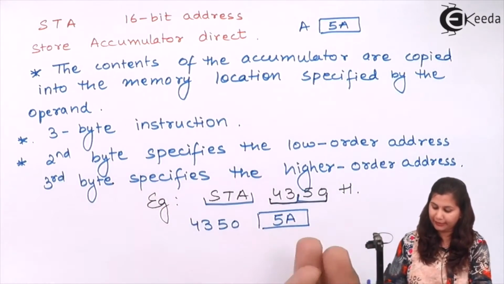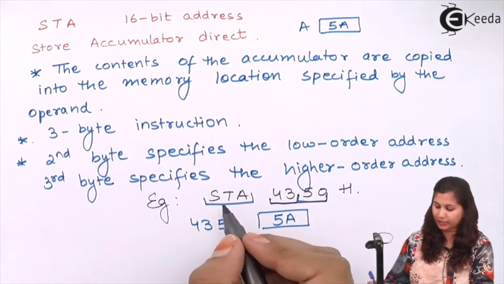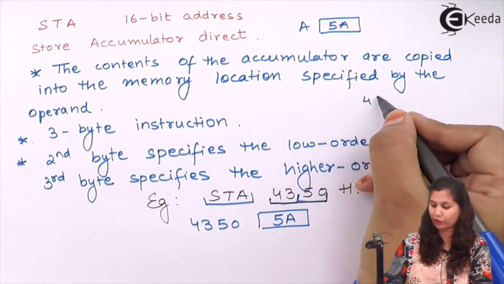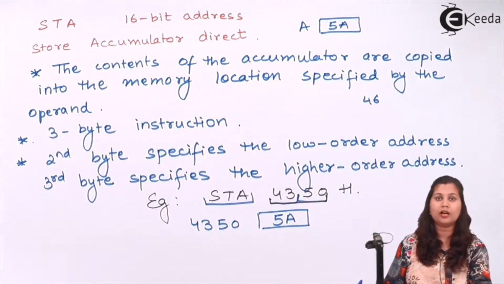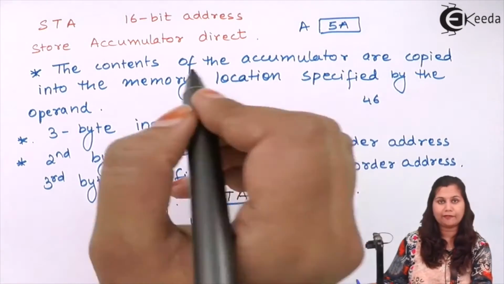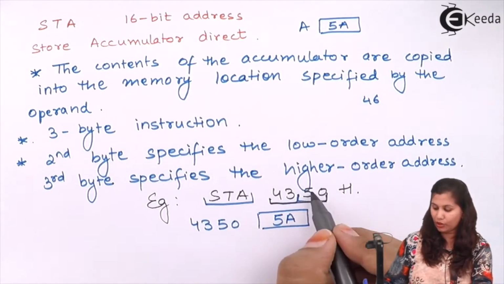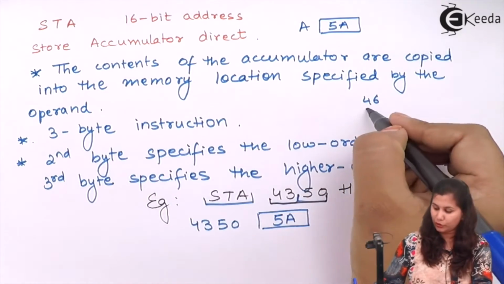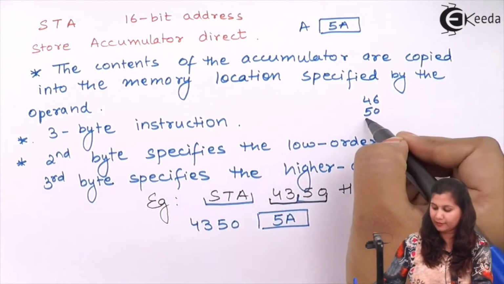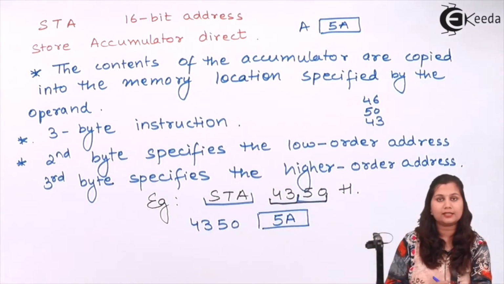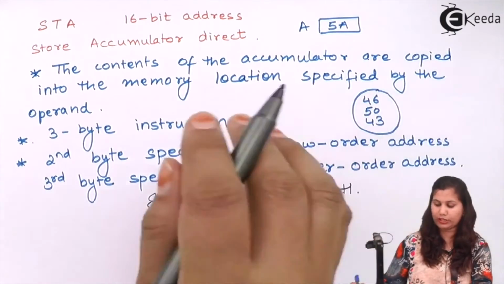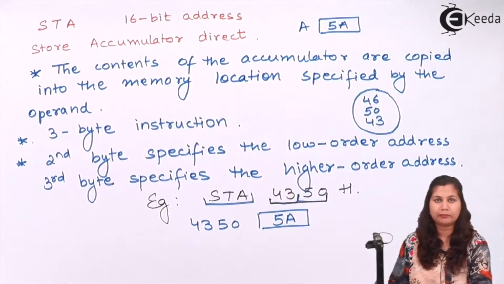Now suppose we have a machine code like 46 for STA. Then we are going to store this 50. First the lower order address will be stored. So 46, then 50, and then the higher order address 43 will be stored. So in this way, this instruction will be stored in the microprocessor memory.